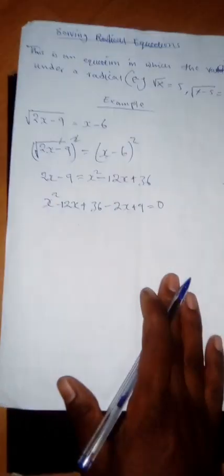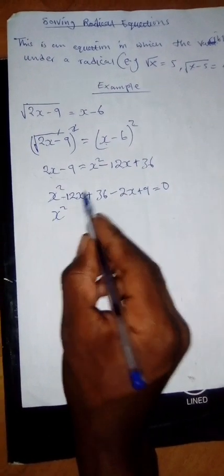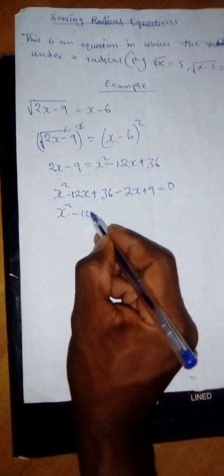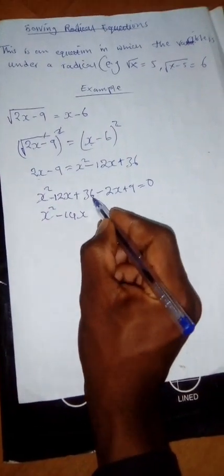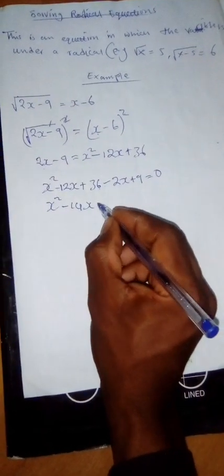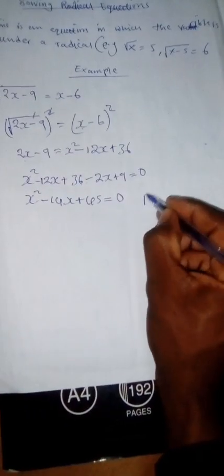So negative 12x minus 2x gives us negative 14x, and positive 36 plus 9 gives us 45, equals 0.